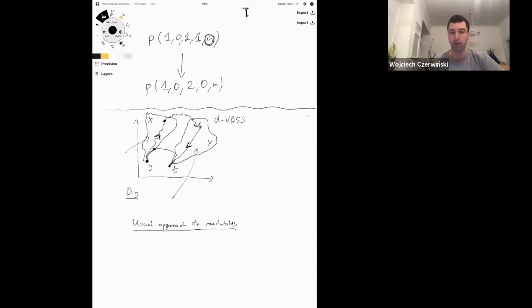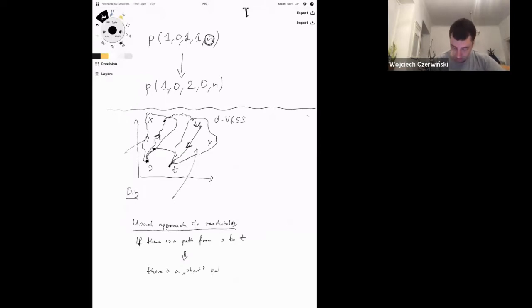Kind of a small model property is proved. So if there is a path from S to T, then there is a short path, with different meanings of short.